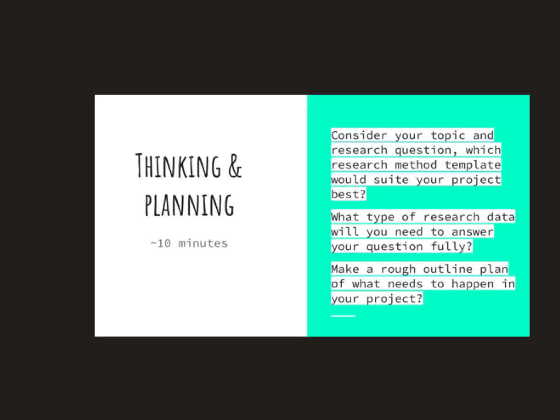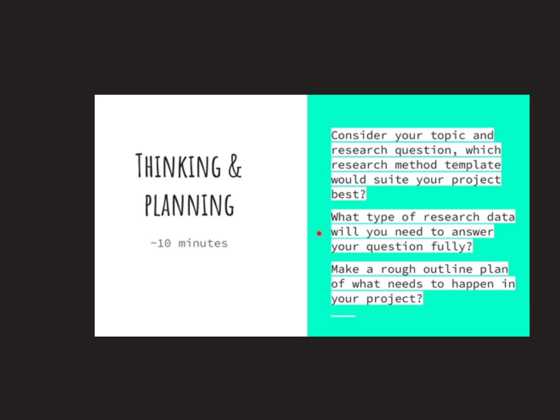So what you're going to do in the lesson now, in just a moment when the video finishes, is you're going to invest 10 minutes of quiet thinking and planning time. Consider your topic, which you should have chosen at this point or have a fairly good idea of, and maybe you've got as far as developing your research question. Which research method, the engineering design cycle or the scientific method, which one would suit your project best, do you think?